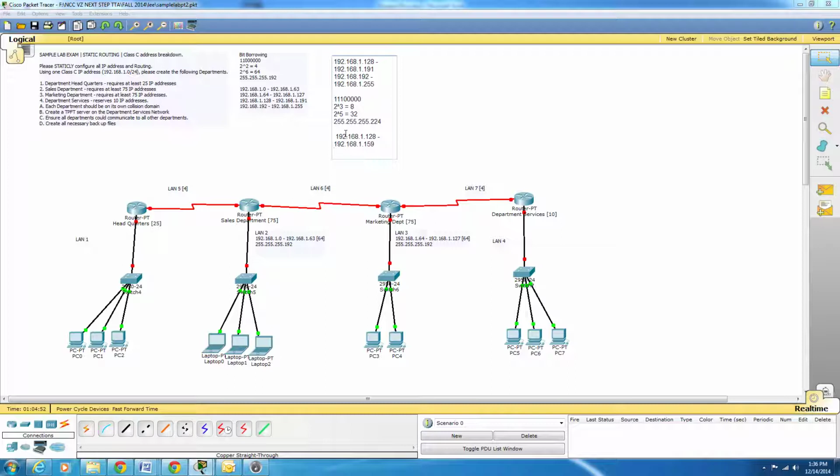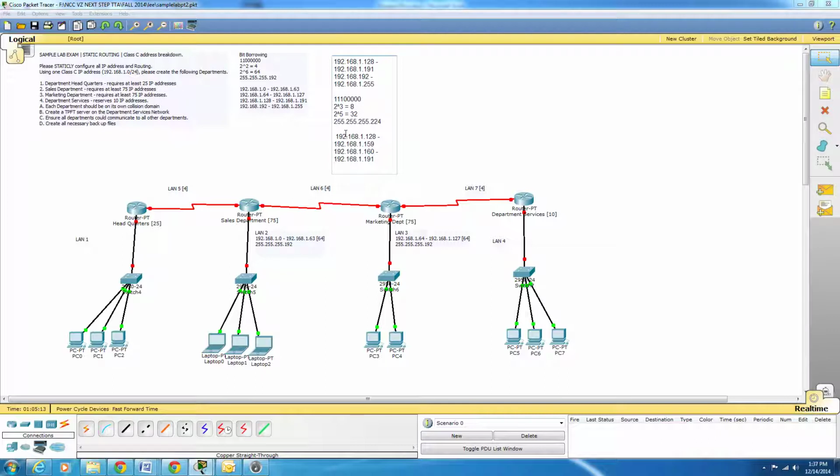Then you'd have the second block, which is 192.168.1.160, and that one will go all the way to 192.168.1.191, and that will get your second block of IP addresses.